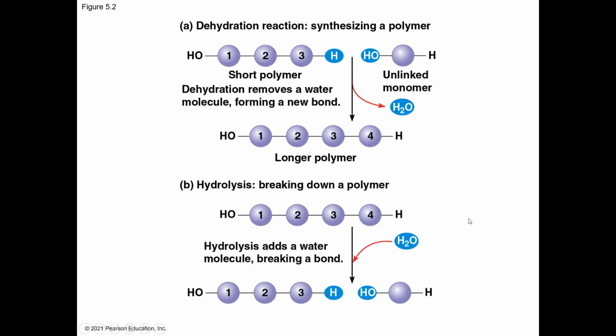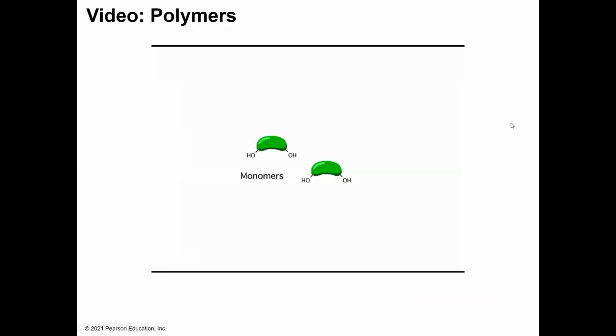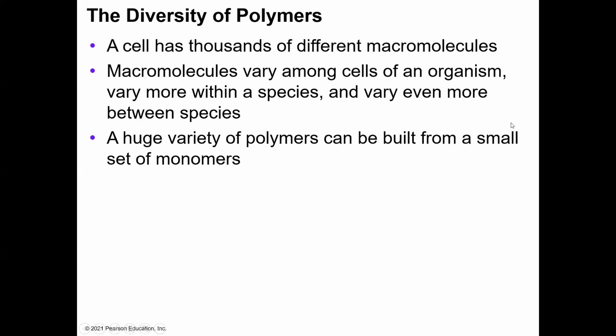This goes back to the idea that water molecules are the universal solvent, so they are able to do this quite easily. And so all of the macromolecules use dehydration and hydrolysis for the ability to create and break apart monomers of polymers.